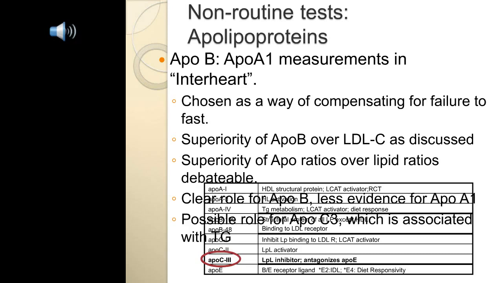We've seen that maybe we can measure lipids non-fasting as well, and whether apolipoproteins offer any ability to get around the non-fasting state, I think is a little bit open to debate. We've already discussed the superiority of ApoB over LDL cholesterol. The question as to whether ratios of any sort are superior to one over the other, I think, is also debatable.